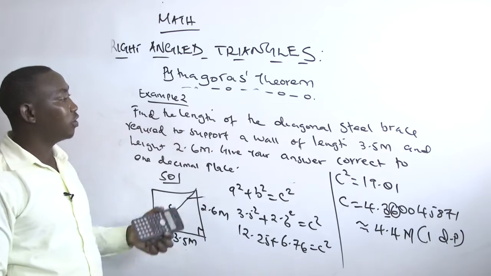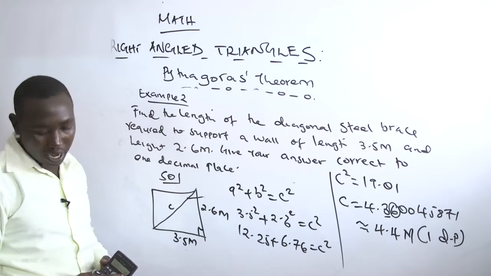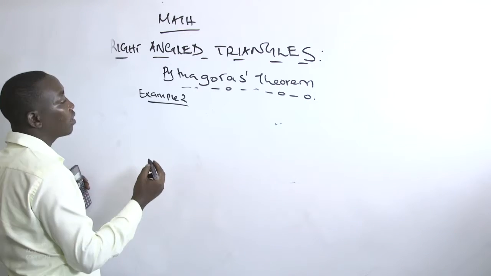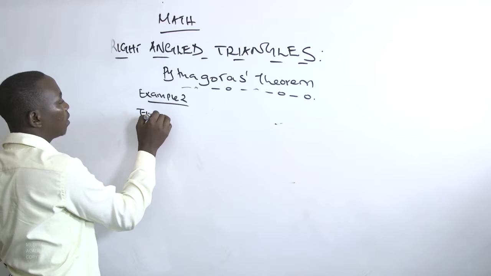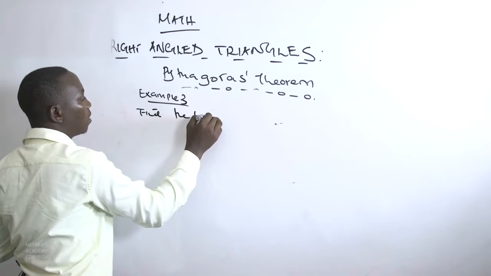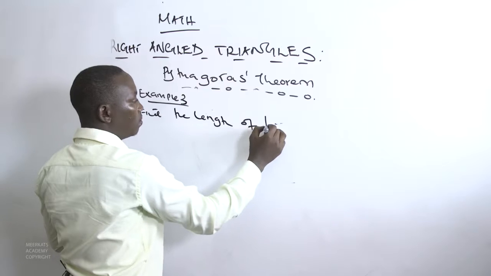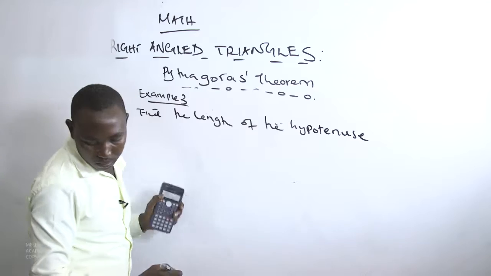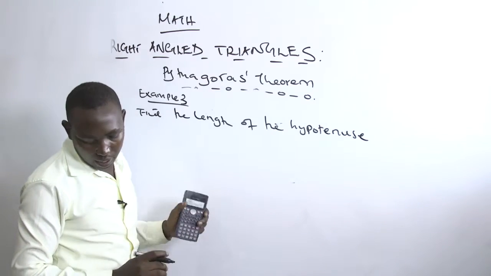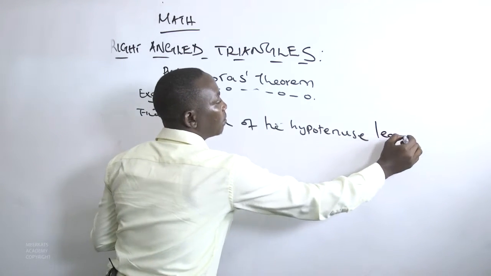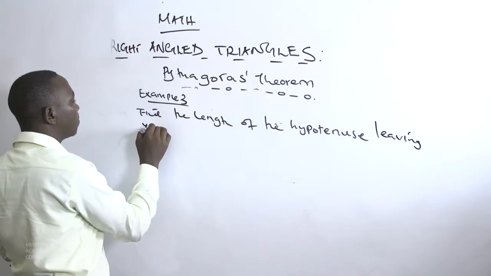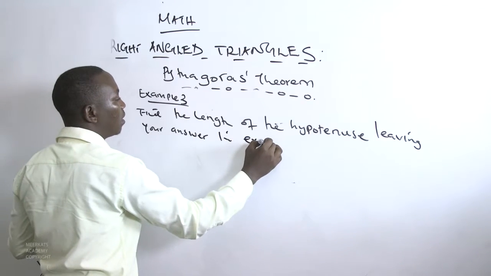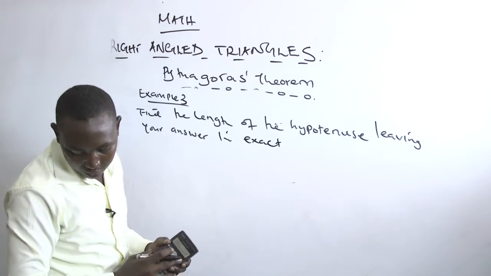Last example on how to find the length of the longer side. That's example 3. We are told find the length of the hypotenuse, leaving your answer in exact value.